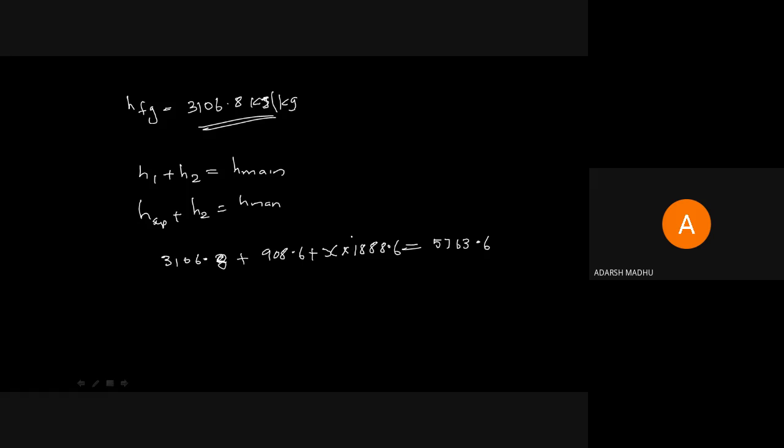So solve it. Only the unknown value is x. Therefore, solving it, 4015.4 plus 1888.6x equal to 5763.6.